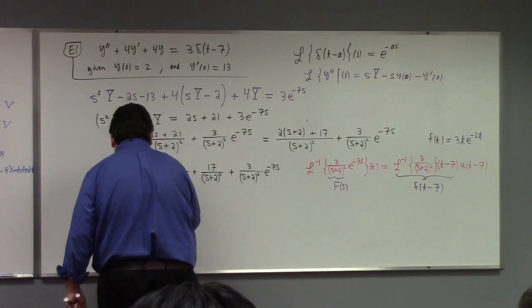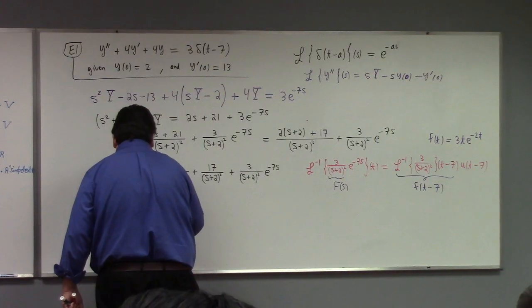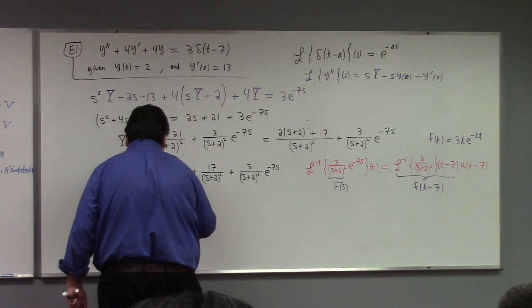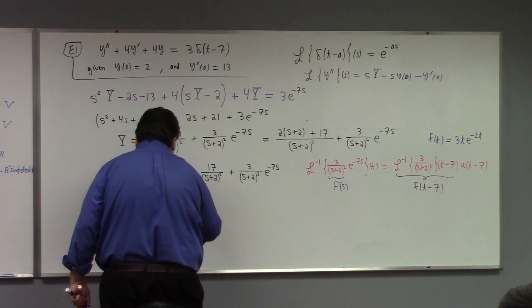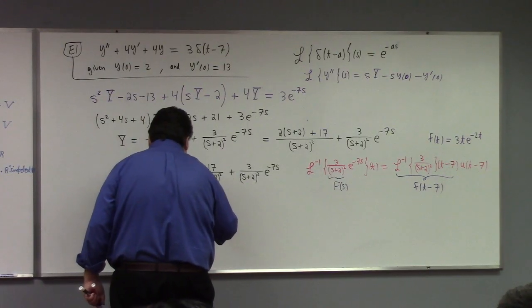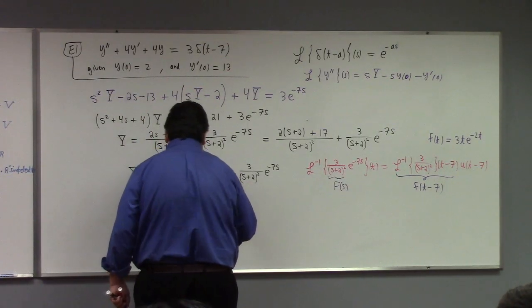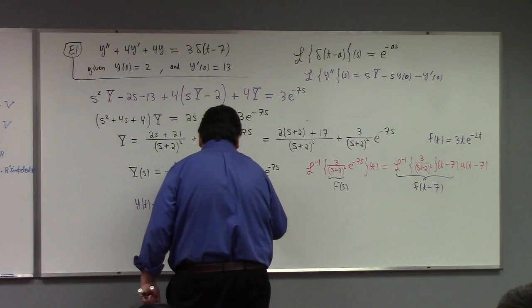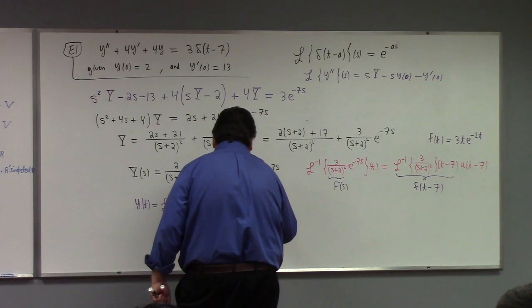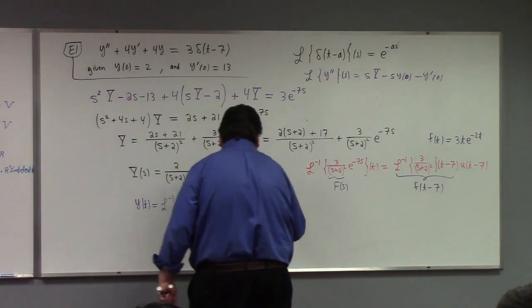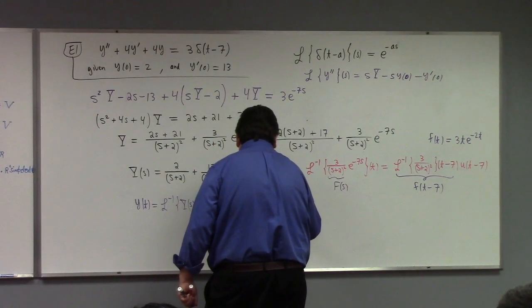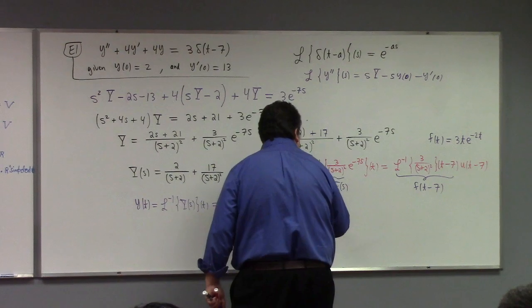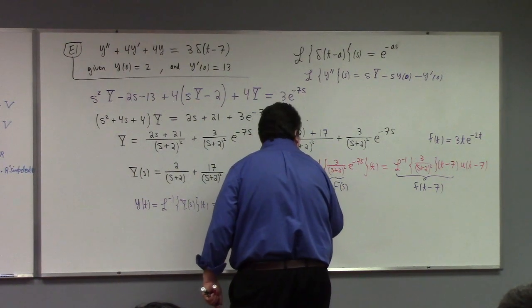So here we go. y of t is the inverse Laplace transform of big Y of s at time t, which is in fact equal to twice e to the minus 2t plus 17 t e to the minus 2t plus 3.